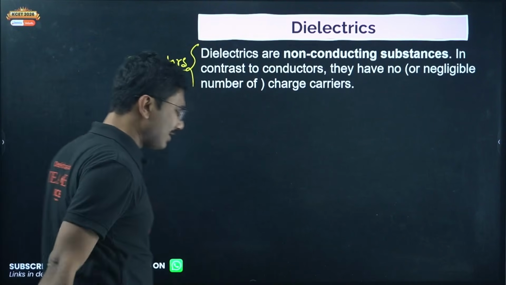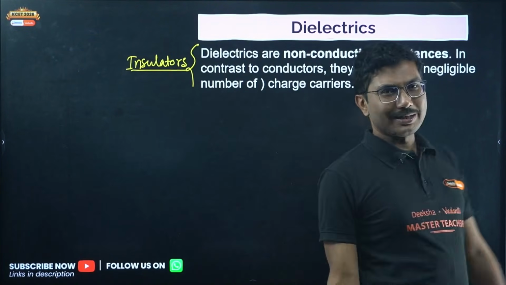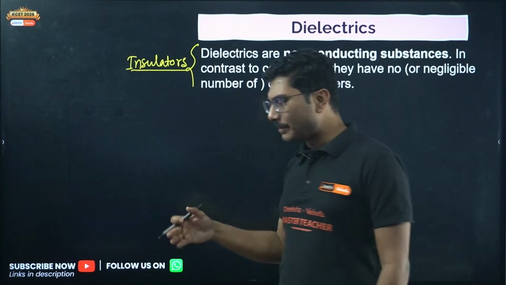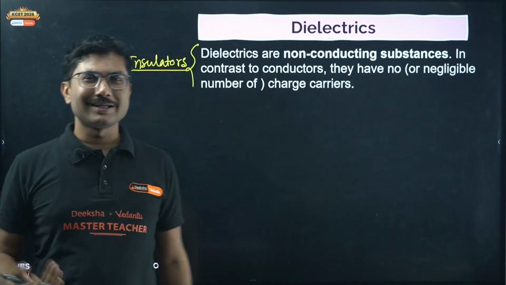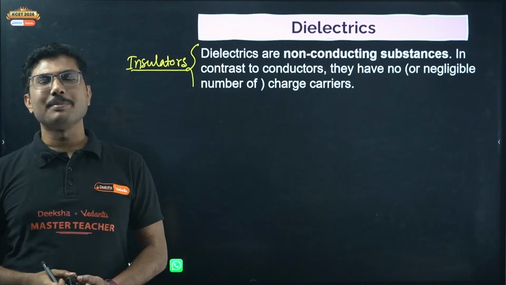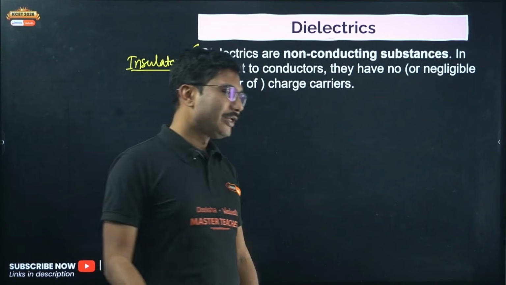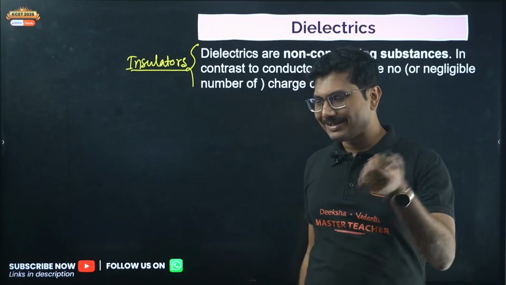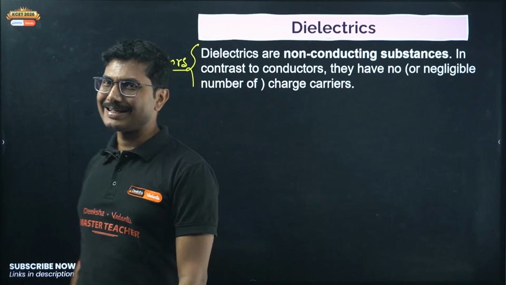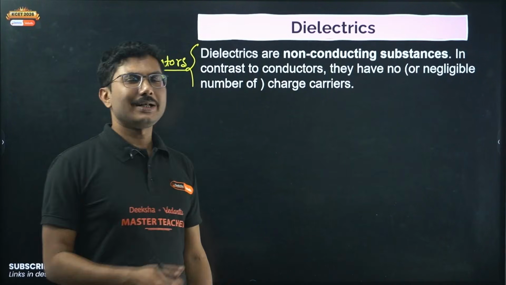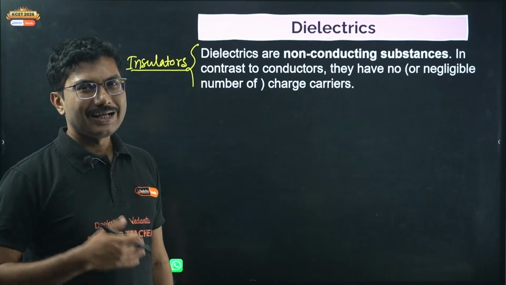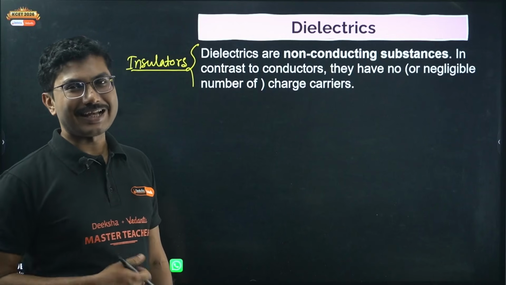Now, even though we say insulating materials do not conduct electricity, they do have some purpose. Otherwise, why do we need to study insulators? We can't just say there are some objects which do not conduct electricity, delete that. Insulators do also help us in some way, especially in static electricity.